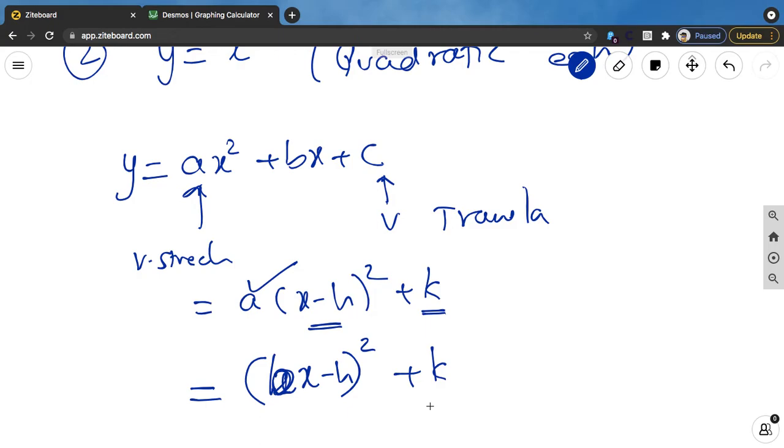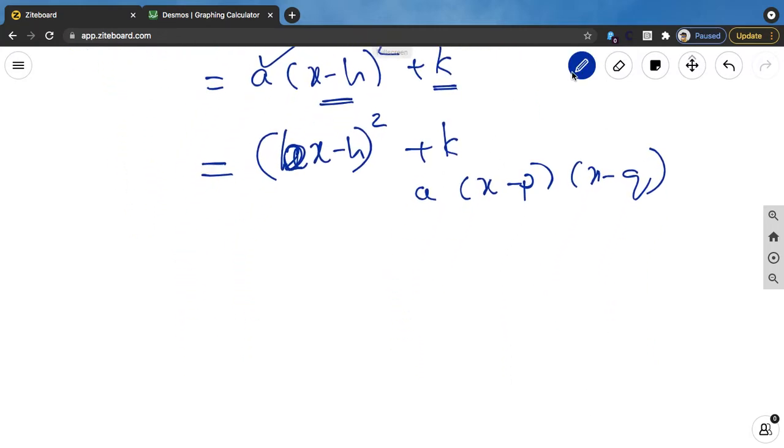Or if I write it in the intercept form, a times (x - p) times (x - q), again, I can think of it as horizontal translation of the roots. Rather than being at 0, it is now at p and q. So therefore, horizontal translation. So the general form of a quadratic represents all forms of transformation.